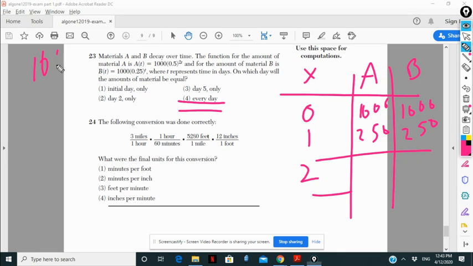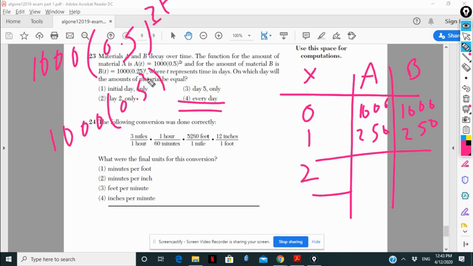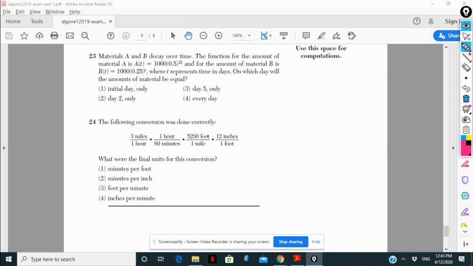I said 1000 times half to the power 2t. Now it's the same as when I say 1000 times half to the power 2, to the power t. This expression is 1000 times quarter to the power t, which is exactly the same equation. So they are the same equation. That's why it should be every day. The answer is 4. Now, last question.